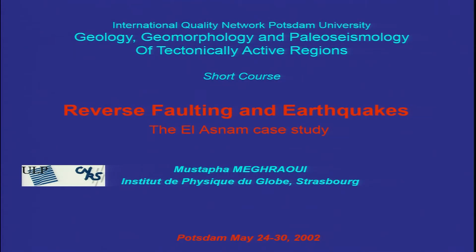Now, there is another presentation which I borrowed from Mustafa McRoy from Strasbourg, IPGP, on studies carried out on the Alasnam earthquake. Let's see how we see the geomorphology, what we encountered in the paleoseismic studies, and how the deformation pattern varies along the fault.